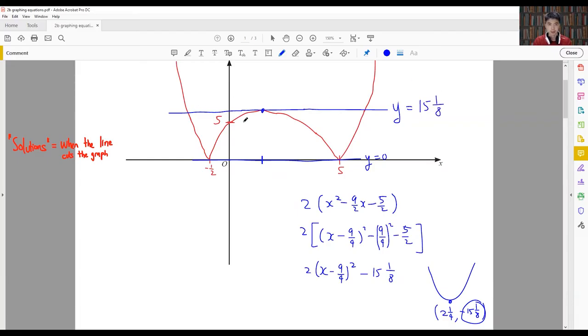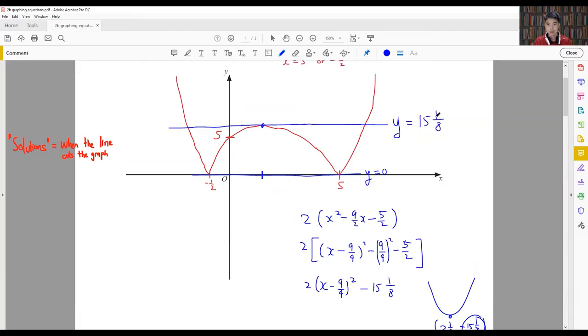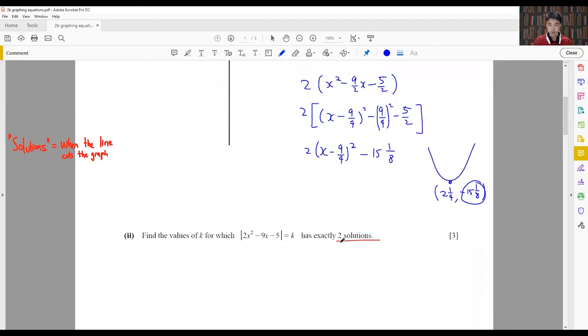Now, as you can see, the line where y equals 15 and 1 over 8 still cuts the graph at 3 points. That means the values that are above 15 and 1 over 8 would be the points where they cut the graph 2 times, and therefore having 2 solutions.